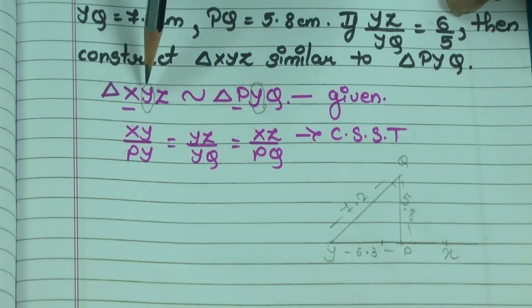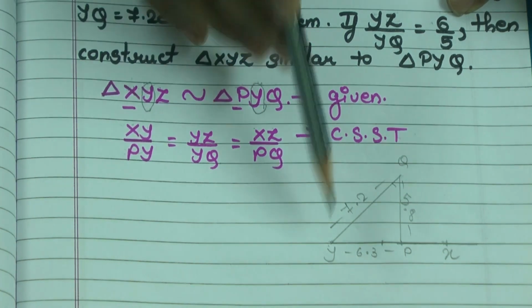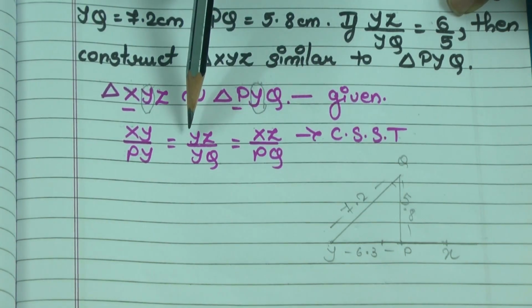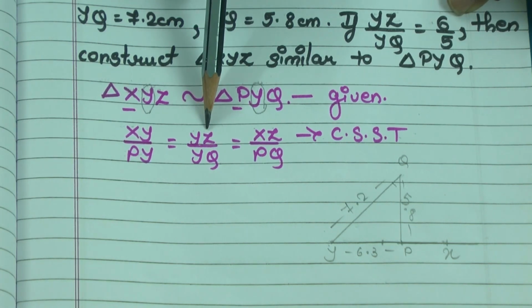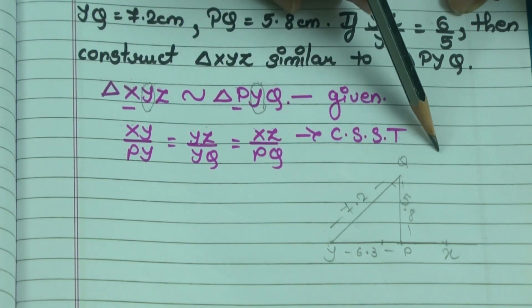And here YQ is this. YQ corresponds to YZ. So YZ would be here.